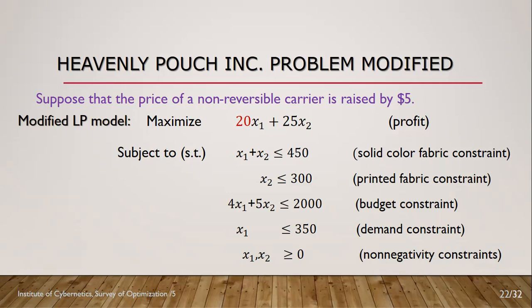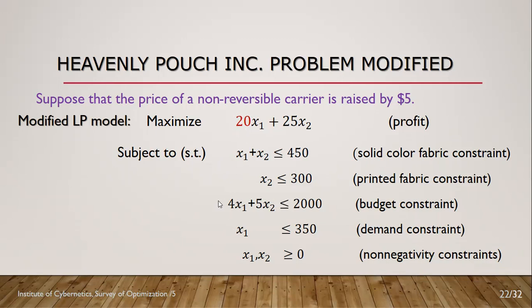If this stays the same, it means that the feasible region remains the same. It doesn't change. What will change is just the slope of the isoprofit line. Another thing I want to point your attention to is that the coefficients here and here are proportional.